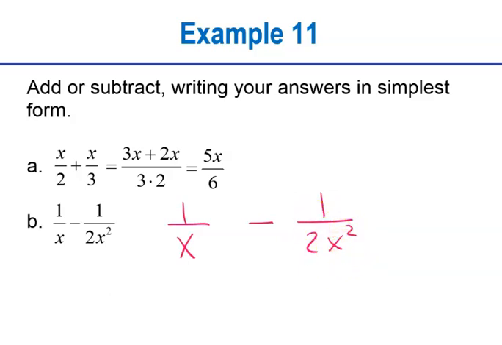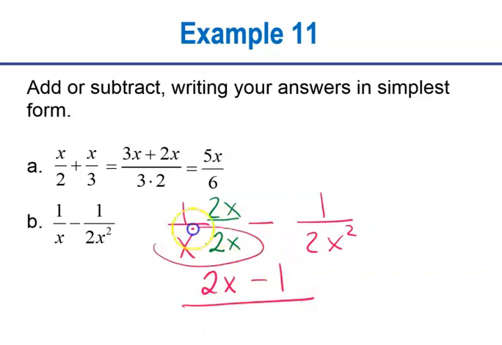So what I would like to do is multiply the fraction using the fundamental fraction theorem and multiply the same value on the top and the bottom. And so we don't have 2, so I need a 2, and we're missing an x, and that's going to make that an x squared. And I have to multiply by this on top as well. Now that's going to give me 1 times 2x is 2x minus 1.